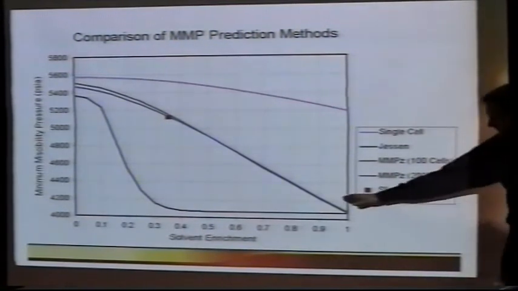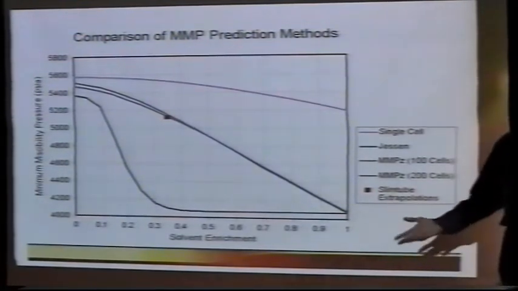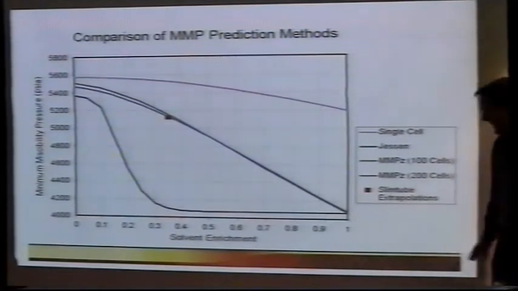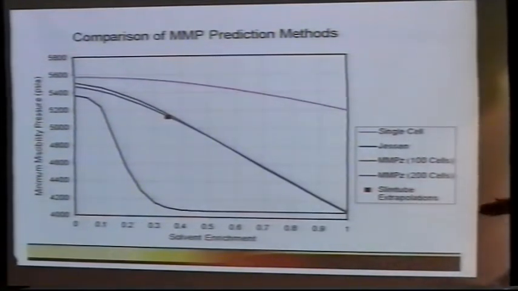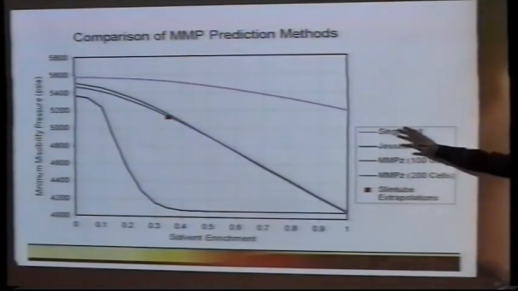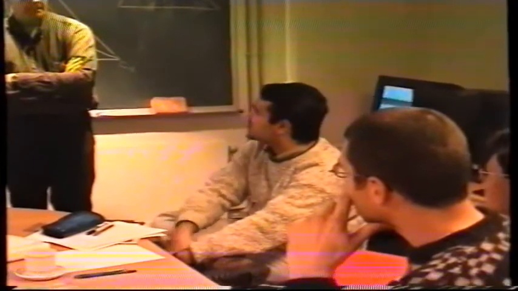Well, no, it could just keep decreasing for a long ways, but until it finally, I mean, it can't go negative. You can't go to negative pressure, but it may start to level out at some point. But for this range of solvents, it didn't, and that's pretty typical for any solvents that you would actually use in a reservoir. It means that we should have the rich gas instead of the lean gas injection.